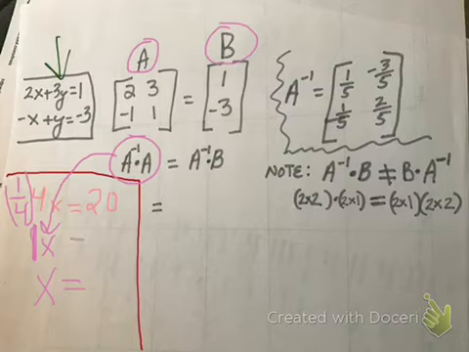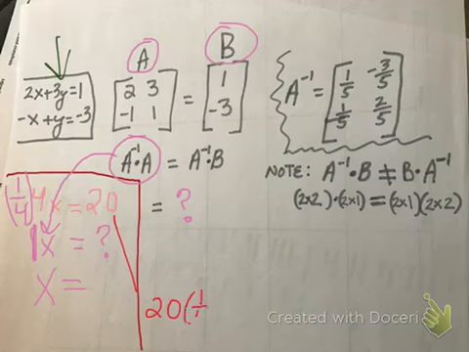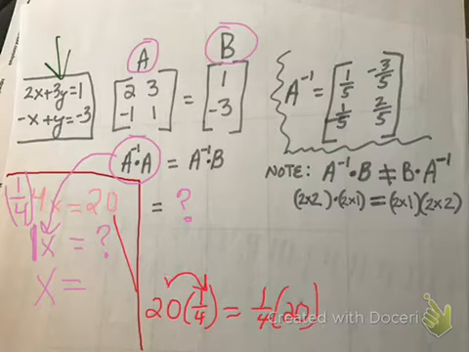I'm actually concerned with the right side of this equation. Now here's a real subtle thing. When I multiply 20 times a fourth, that's the same thing as doing 1/4 times 20. Multiplication is commutative, which means the order doesn't matter.